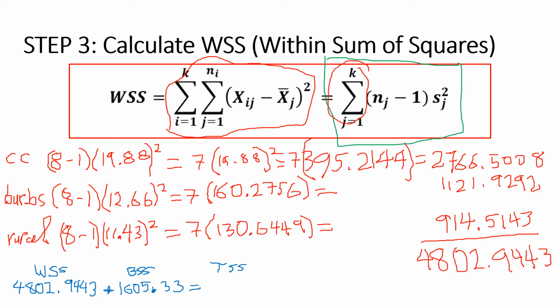So 1605 plus 0.33 plus 4,802.9943 gives us 6,408.2743, which should be pretty close to 6,406.79.